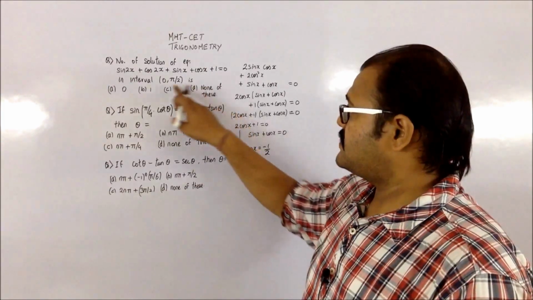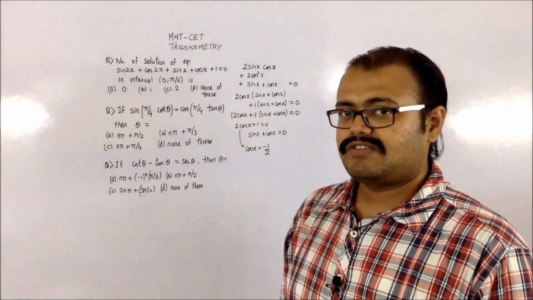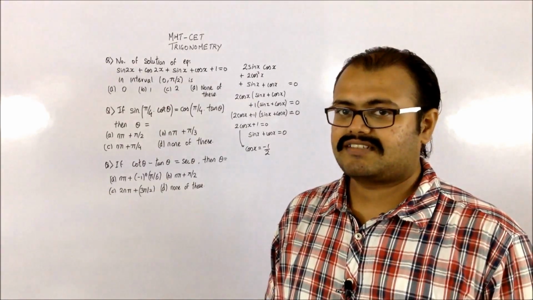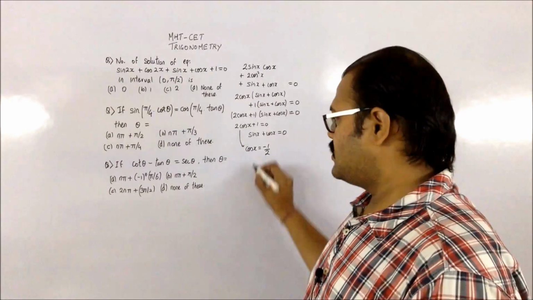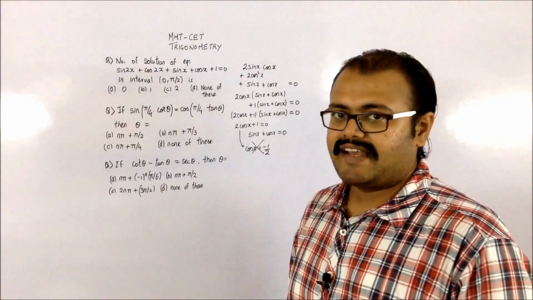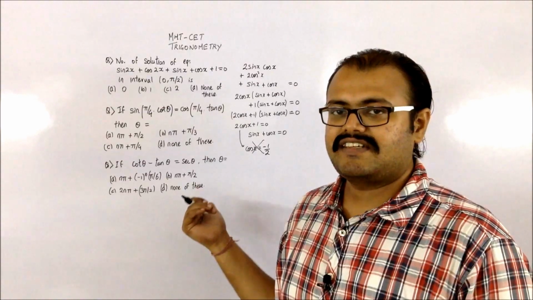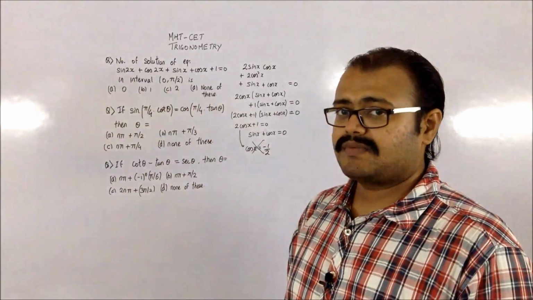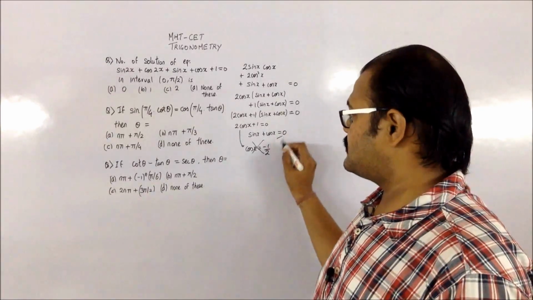Now you see that it is given in the interval 0 to pi by 2, and I know in the interval 0 to pi by 2 cos does not have any negative values, so we have to ignore this. We cannot find any solution of x which will give you minus half in the interval 0 to pi by 2.